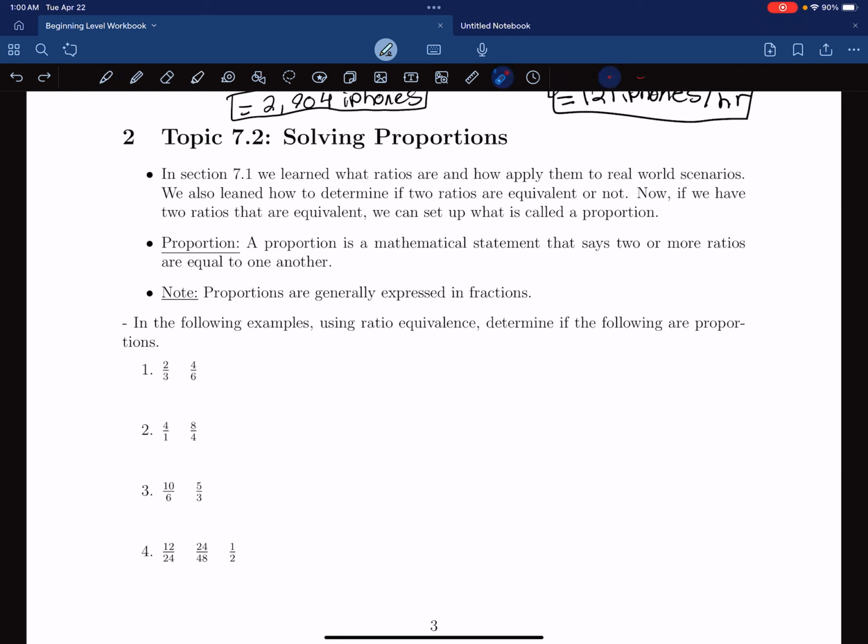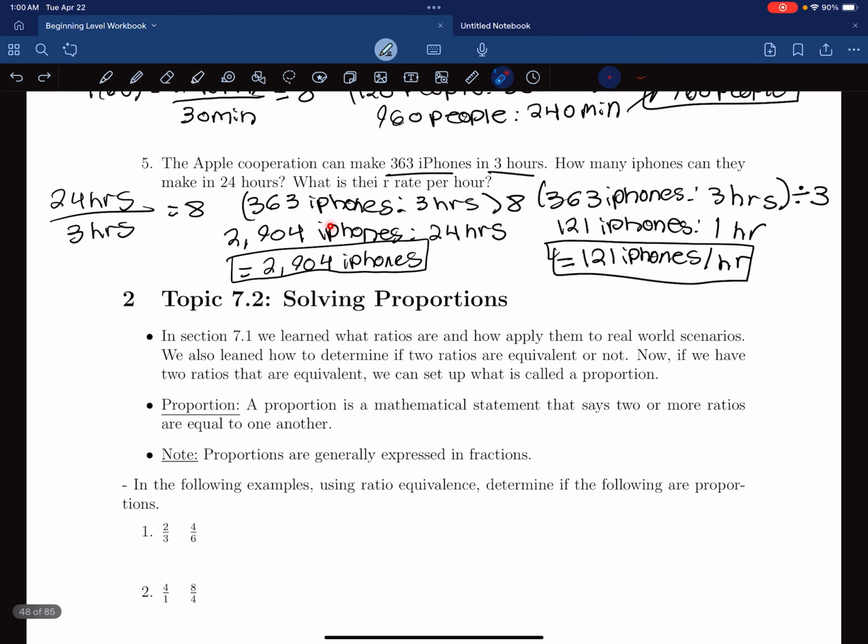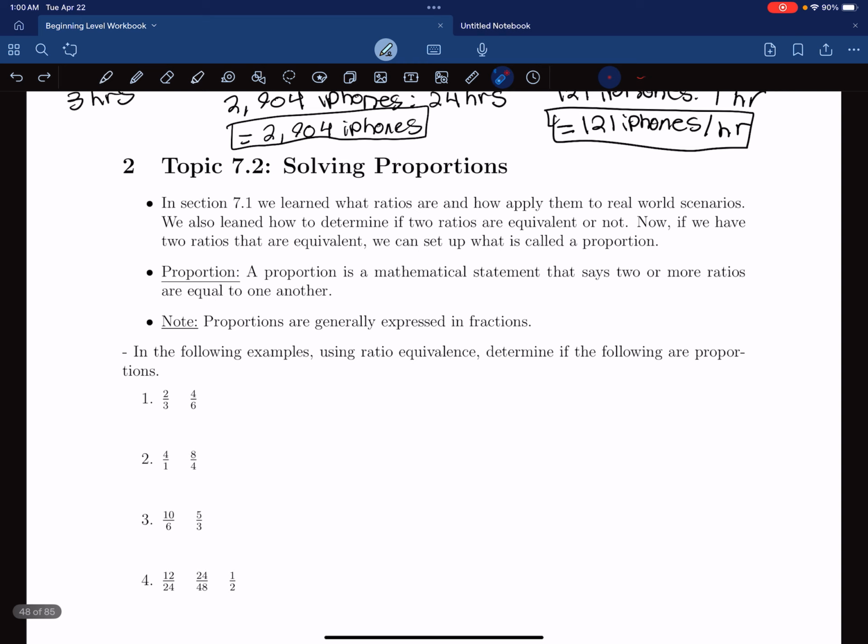Sometimes ratios, as we saw in the previous section, were expressed like this. But ratios can also be expressed in fractional form. So this 2/3 is a ratio, and we can write this out as 2 for 3, or 2 to 3.